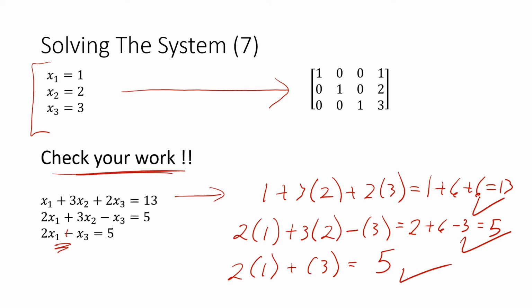Always a good idea to check your work when you get the solutions, just to make sure that you didn't make a mistake. It's very easy to make an arithmetic error somewhere along the way. Always double check your work. So we have a solution to the system using elimination. And at each step along the way, I built an augmented matrix.